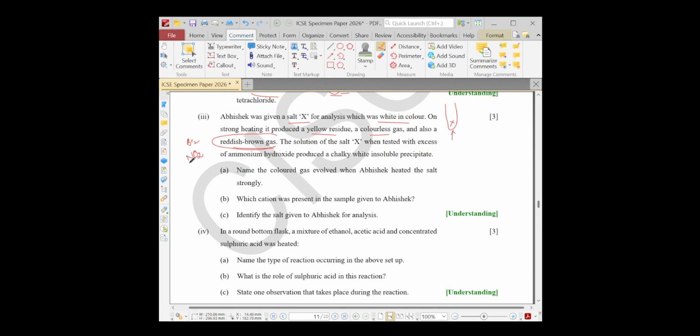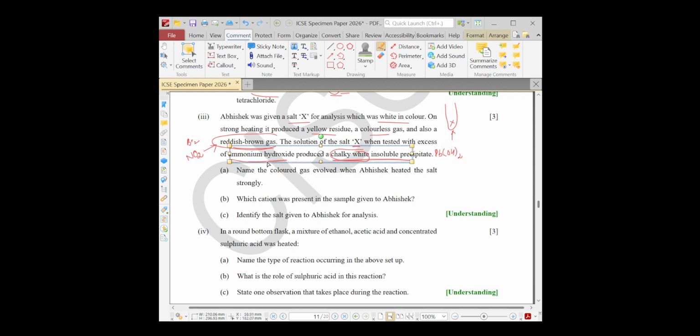So in most cases it is the reddish brown gas, nitrogen dioxide. Now the second, there is a colorless gas, we'll discuss. Then the solution of salt X, when tested with excess of sodium hydroxide, gives a chalky white insoluble precipitate. Now when it is chalky white, then it is of lead hydroxide.